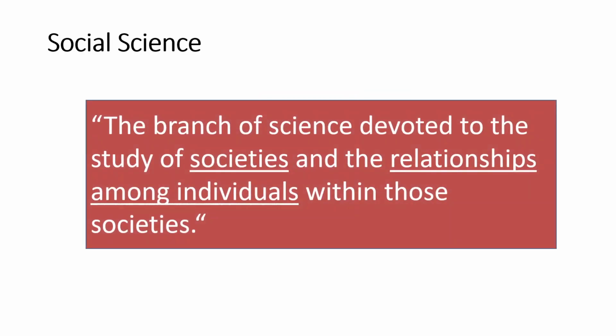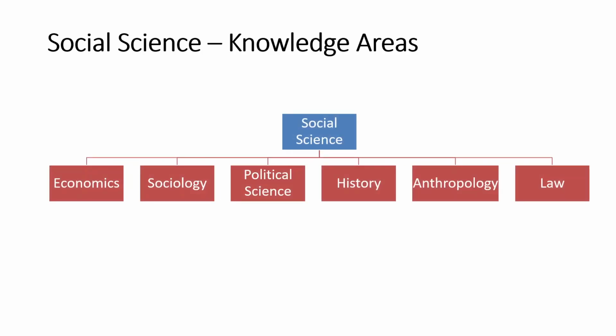Now we are moving to the third branch in science, the social science. This is somewhat different from the other two, because here we are looking at societies and the relationships among individuals in a scientific manner. Again, logical thinking, and we are going to do some experimentation and testing. So what are the key areas in social science?